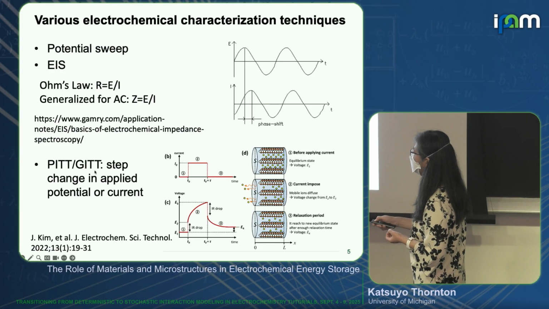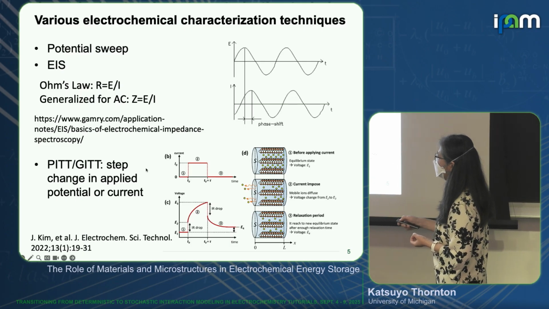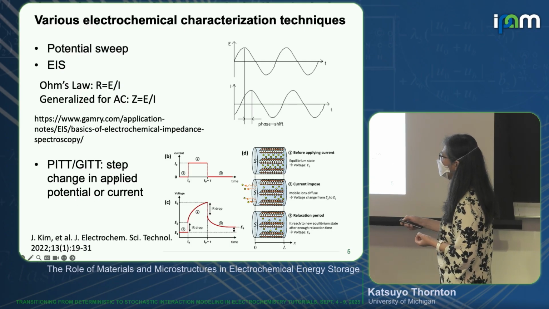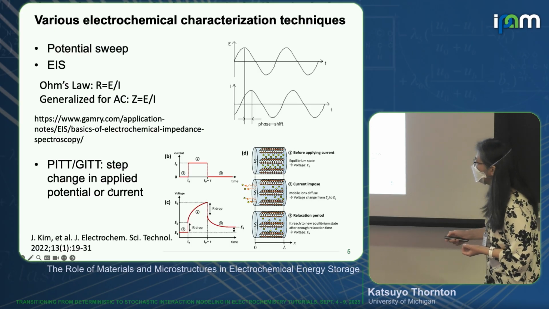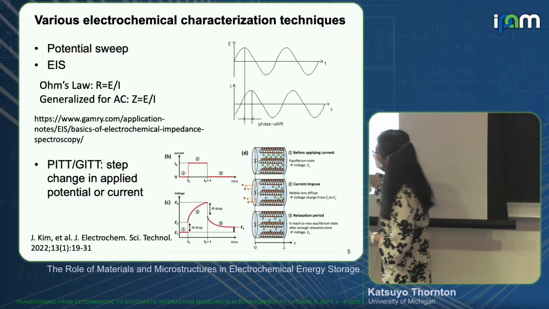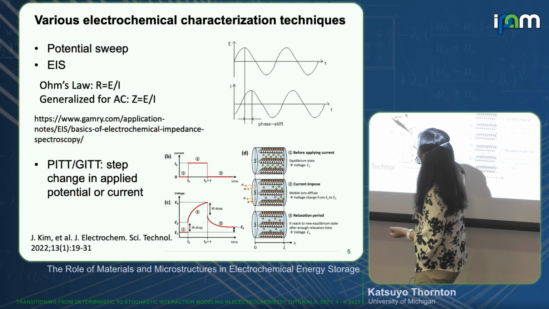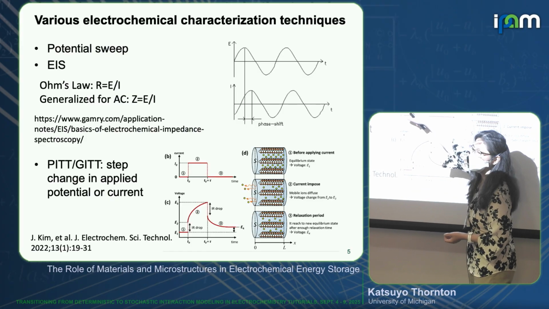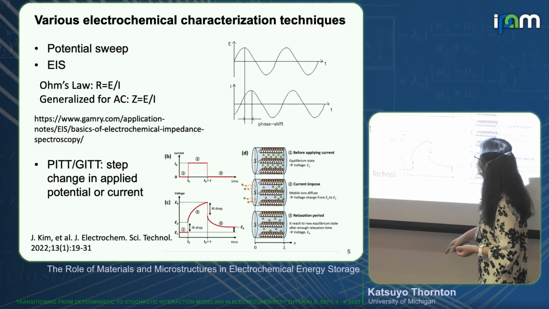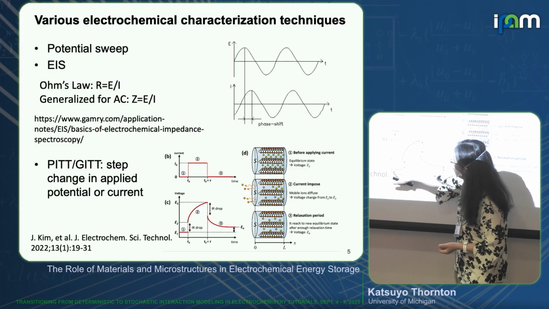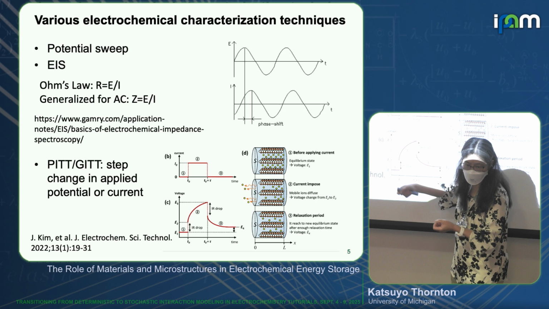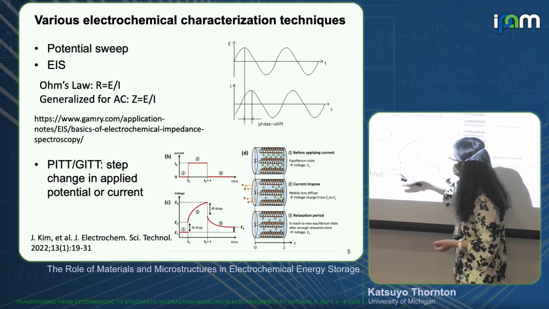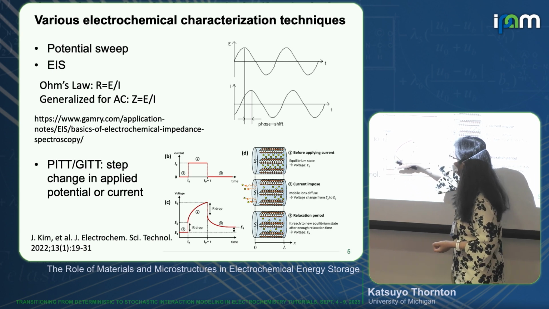Titration techniques have a step change applied to the potential or current. So this is the galvanostatic version, GITT. You go from zero current and then step it up to one current, and then look at how the measured potential changes. So you get this relaxation.